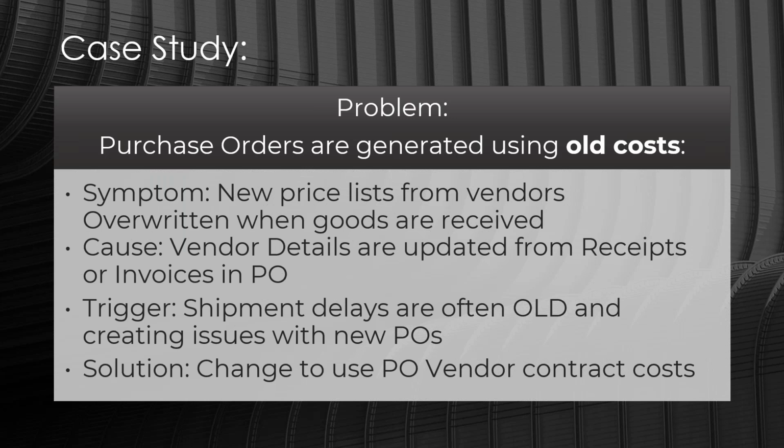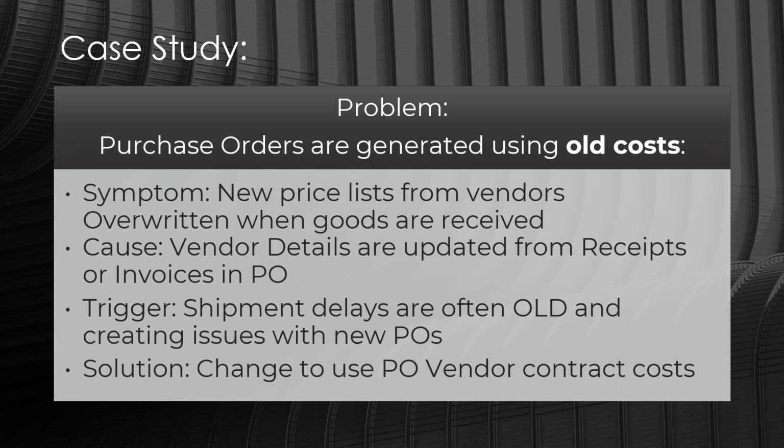But the problem was that when they received goods that were ordered under a previous price list, the receiving and the invoicing was updating the vendor costs. That is a feature that Sage 300 will do. It'll automatically update the vendor costs. But because they had new prices from their vendors, they didn't want that.